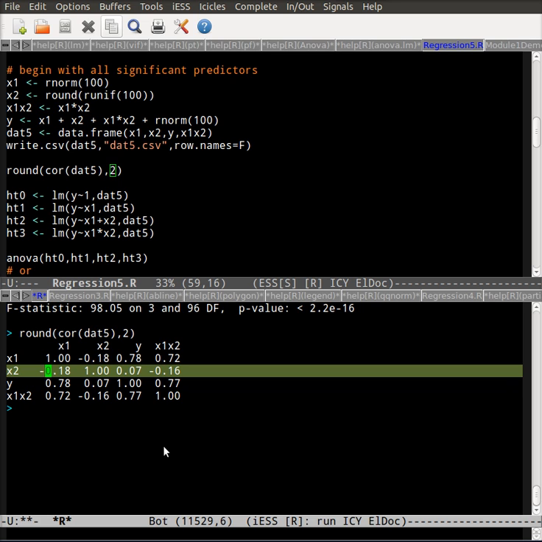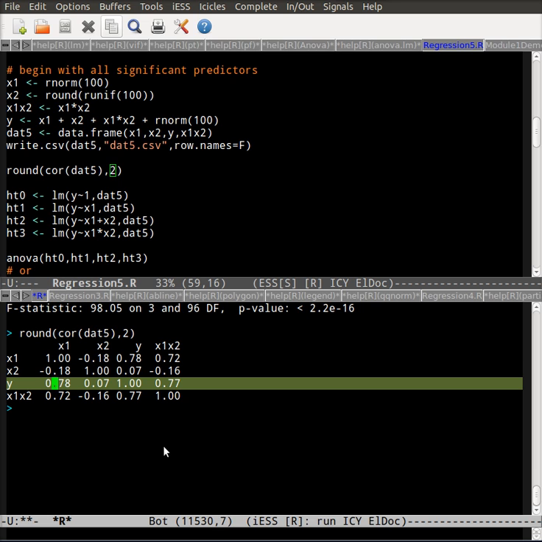Then we have a negative correlation between x2 and x1. It's slight, it's minus 0.2. If you take a look at the correlation for y, we have pretty good prediction for x1, pretty weak for x2, about 0.1, and then it's almost 0.8 for the interaction term.